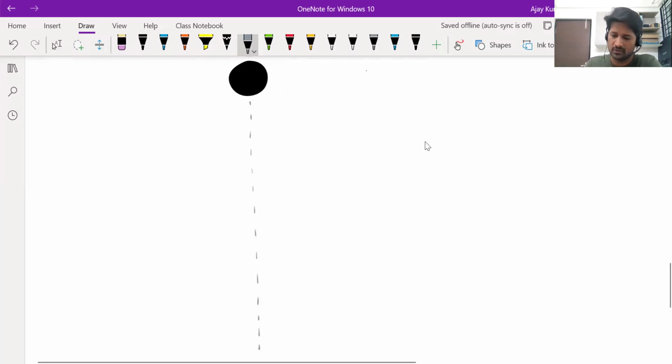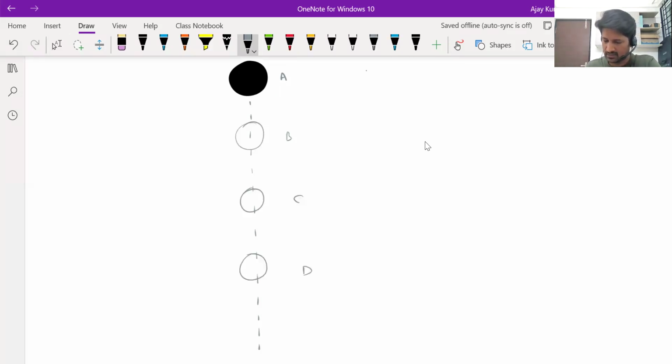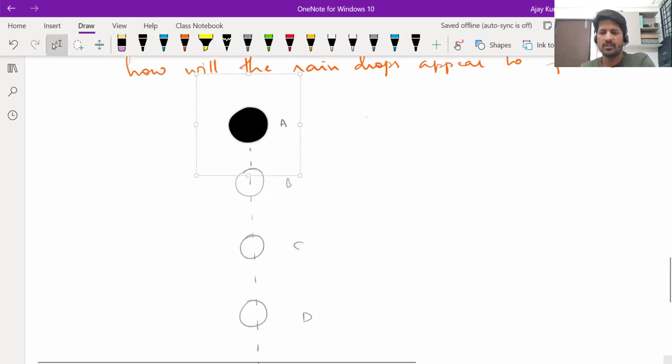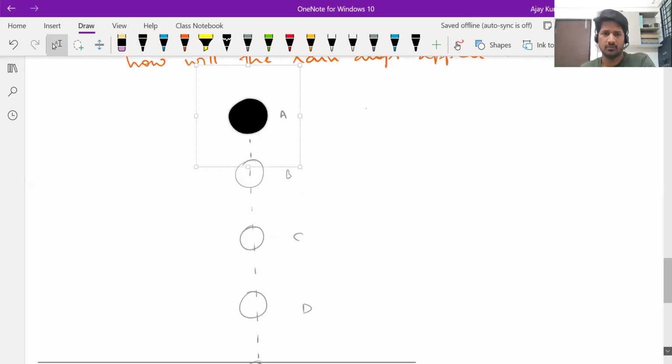So at one instant, the object will be here. Next instant, it will be here. Another instant, it will be here. I'm going to move it that way. As the object moves along A, B, C, D, E, you move to the right side and you have to tell me how the object appears to move as seen by you.